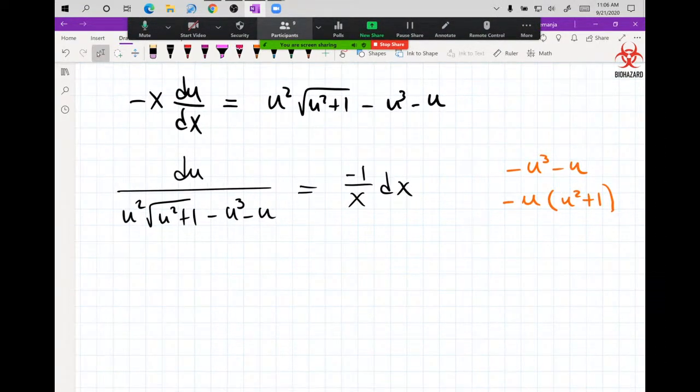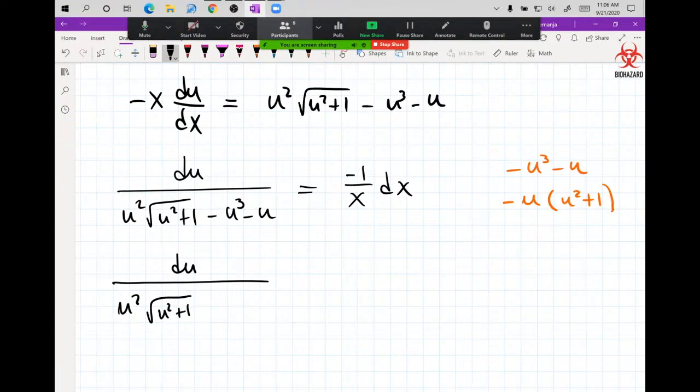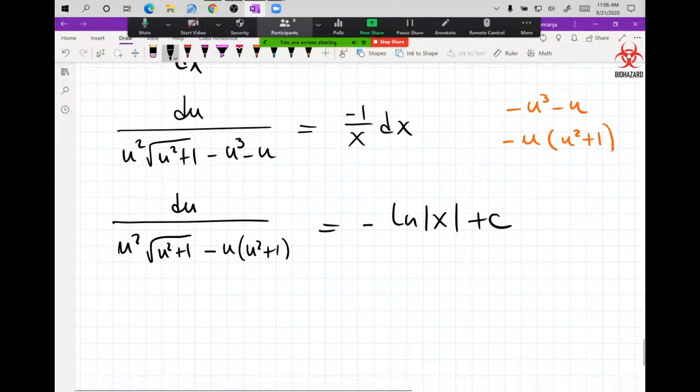That's awesome because I can then factor that. So now I have du over u squared square root of u squared plus 1 minus u squared plus 1 equals, I'm just going to put here, negative ln absolute x plus c and be done with the right hand side.